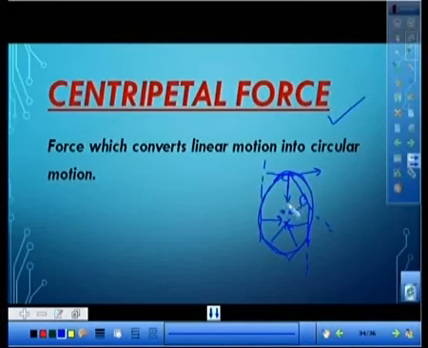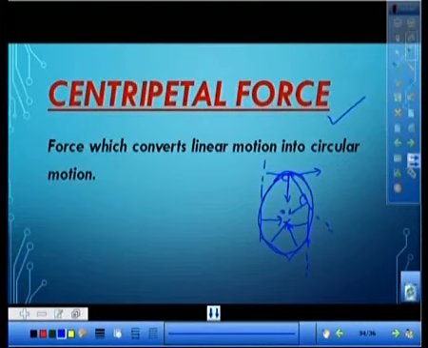It means this force which is perpendicularly applied is the centripetal force, and the direction of the centripetal force is always toward the center and along the radius of the circle. Clear?